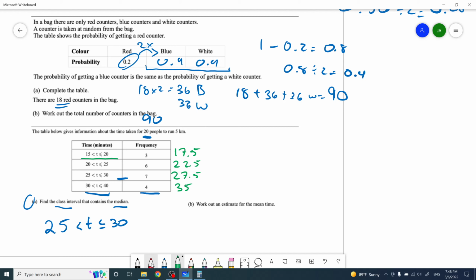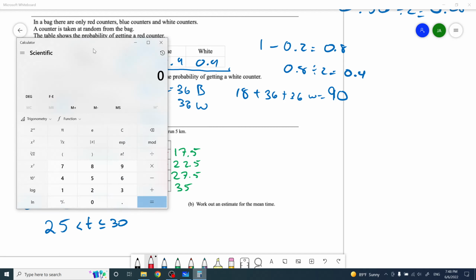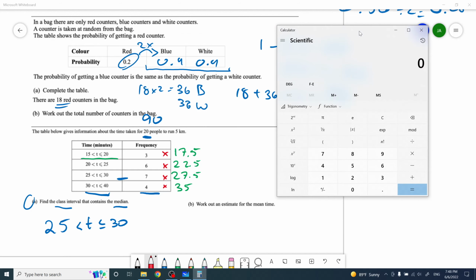So now what I'm going to do, I'm actually going to take these and multiply them all. This is going to be helpful if you can use a calculator. So just plugging these in really quick. So I've got 3 times 17.5. Actually, let me go ahead and show you a good way to do this on a calculator. So let's go ahead and use brackets, okay? So we're going to do 3 times 17.5 in brackets.